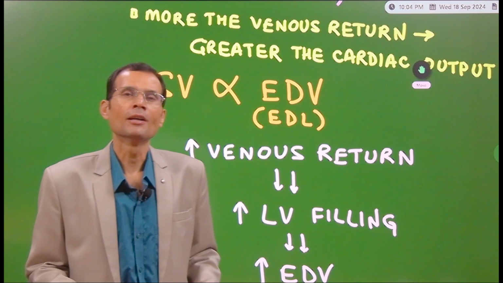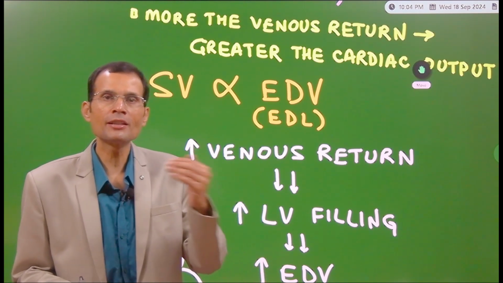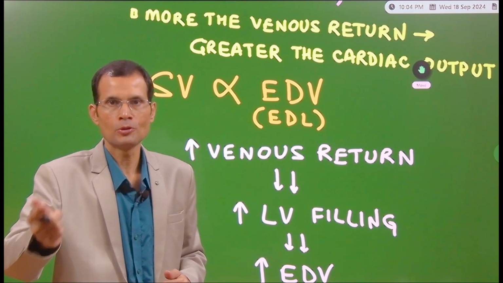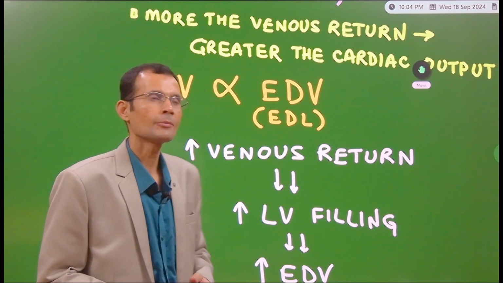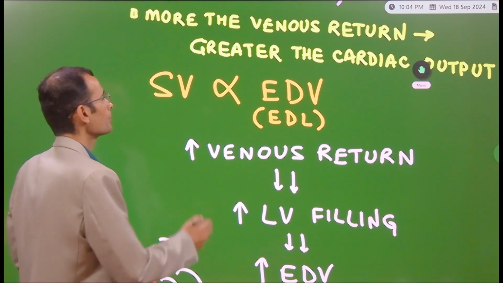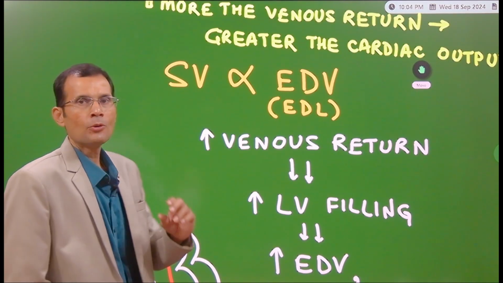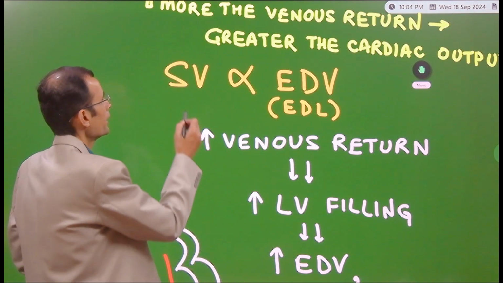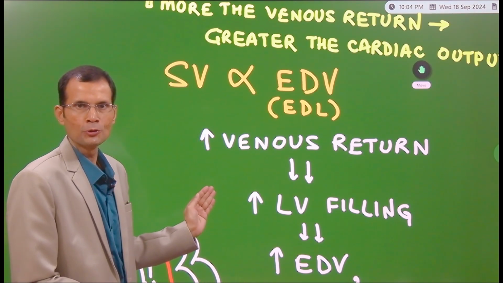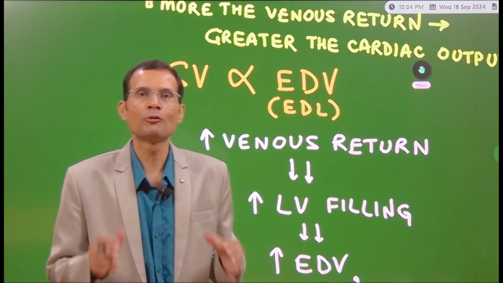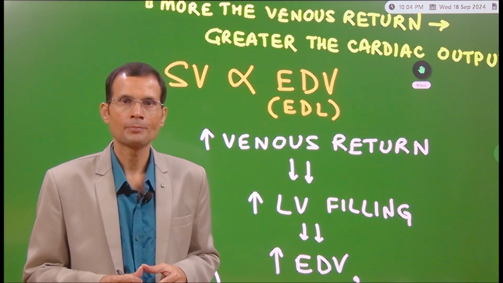So we can say that more the venous return to the heart, more will be the stroke volume given out by the heart, and also the cardiac output will be greater. Okay, now I am further advancing this law. It says stroke volume is proportional to the end diastolic volume in the left ventricle.